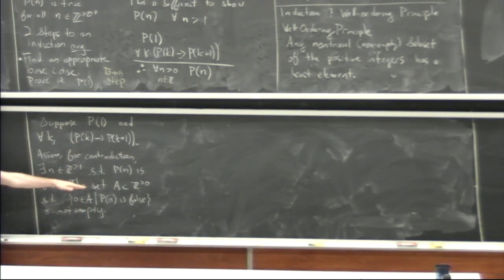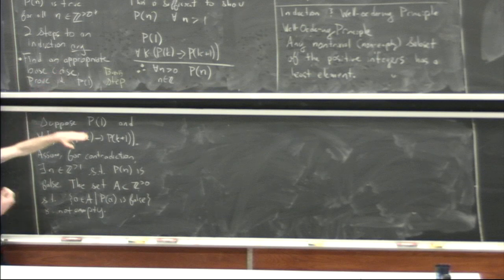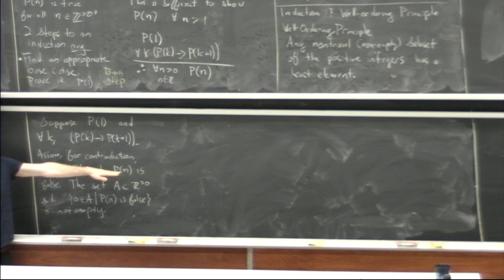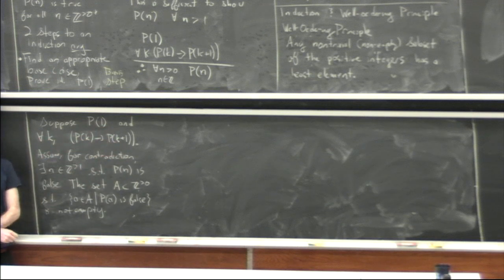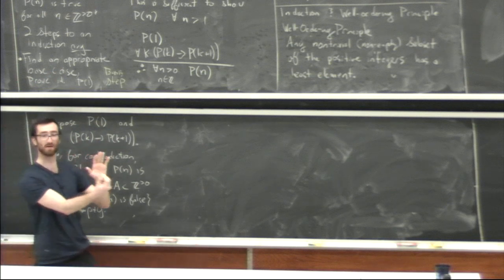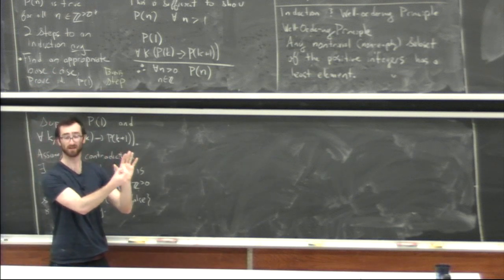So what I've done is I have assumed for the sake of contradiction that there's some integer such that P of n is false, even though P of 1 and P of k implies P of k plus 1 are both true. Now I have produced some subset of the positive integers.